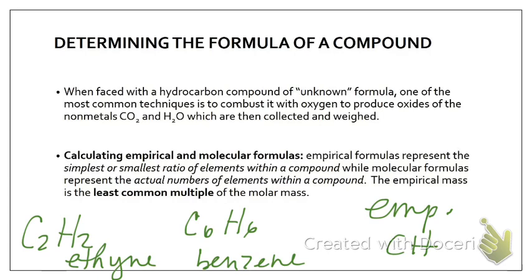Sometimes the empirical and molecular formulas are the same. For instance, if I had C3H8, can I simplify that? No. So its empirical formula is also its molecular formula. But in this case, C2H2 and C6H6, I can simplify to an empirical formula of CH. Okay? So how do I calculate this?